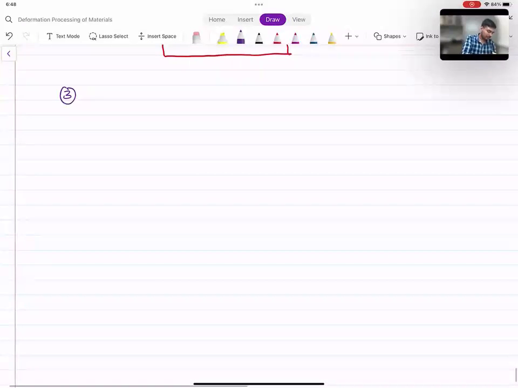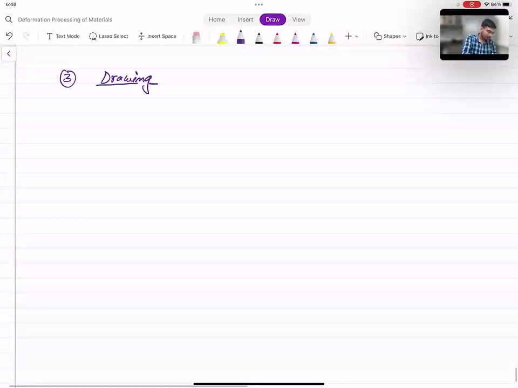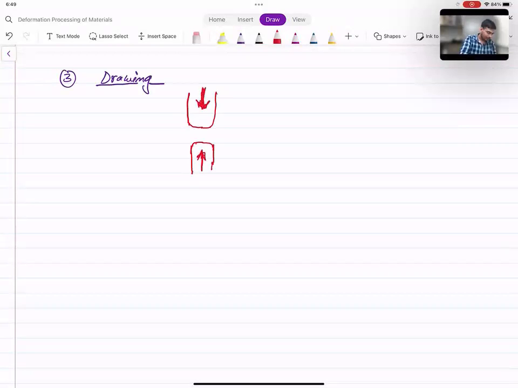So say we have drawing, how does it appear? Suppose we have dies like this, and these are used to press the material like this.